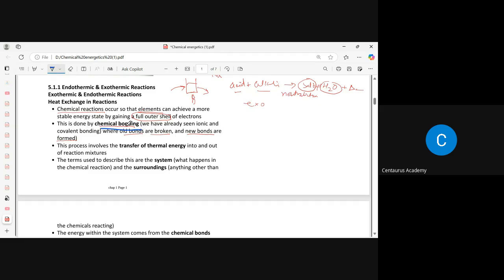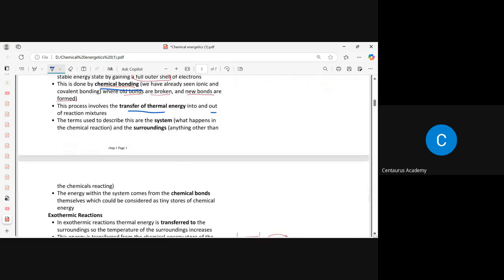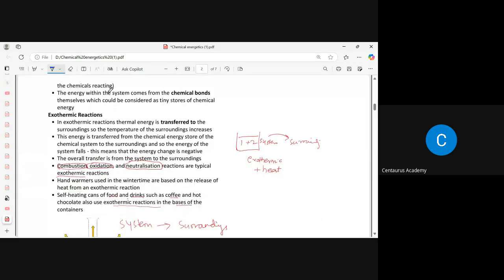This whole process of the chemical reactions which occur involves the transfer of heat energy or thermal energy, which is either into the system or out from the system into the surroundings. The energy within the system comes from the chemical bonds themselves, right? So this can be considered as tiny stores of chemical energy.